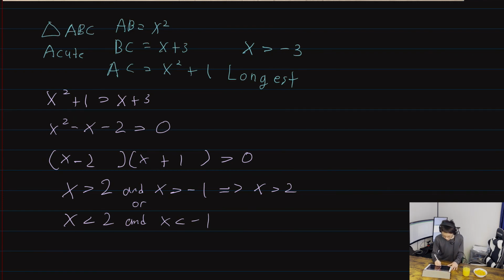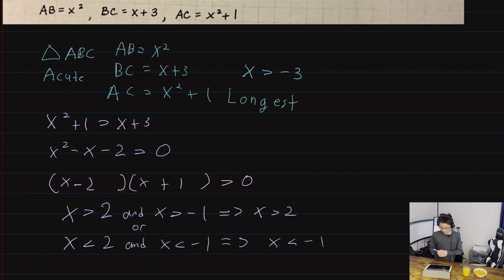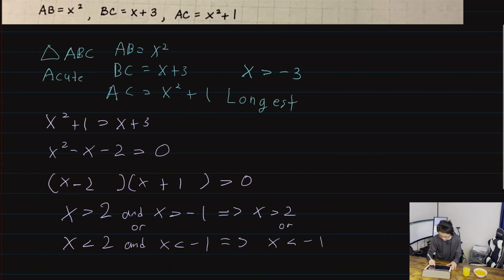And basically, this implies that x must be less than -1. And notice that x must be greater than -3. So we could just apply this to what we have. That will give us x is greater than 2, or x is between -3 and -1. And let's box this up.